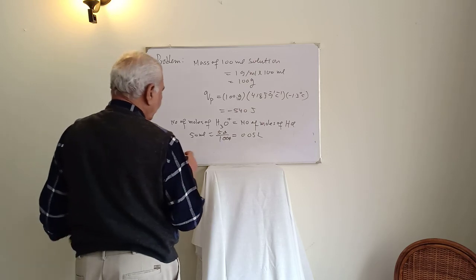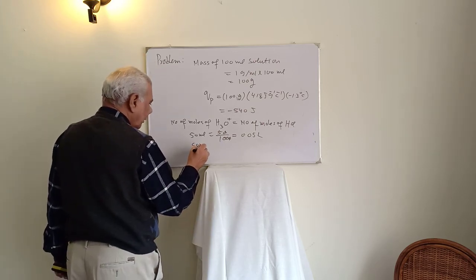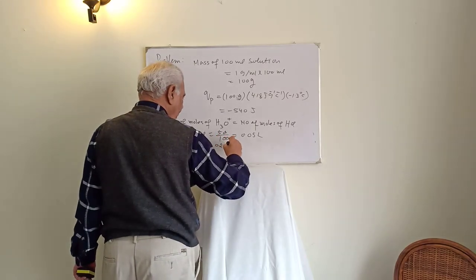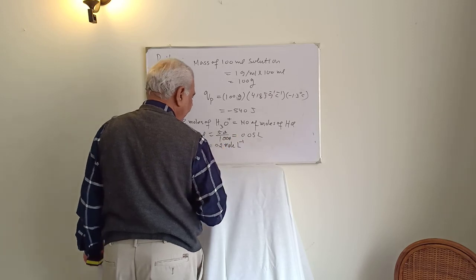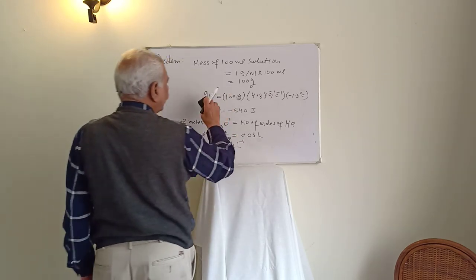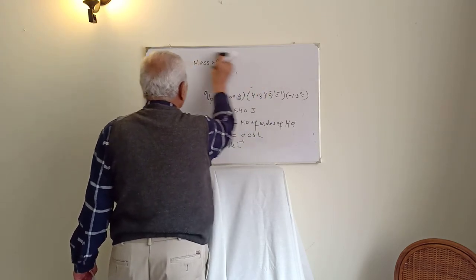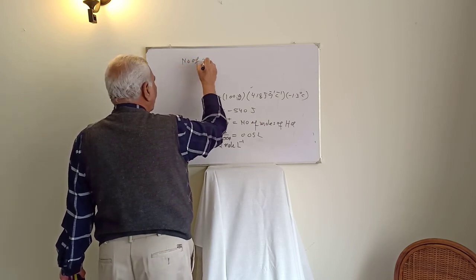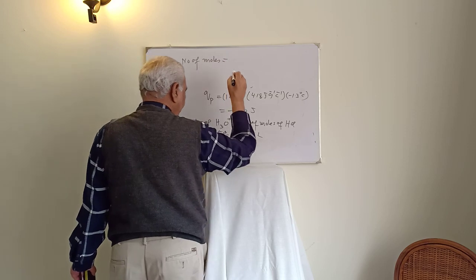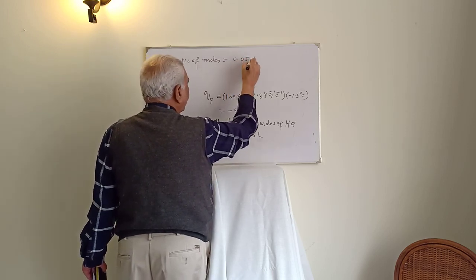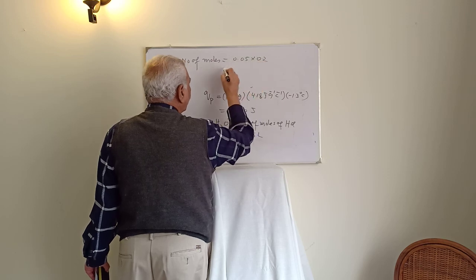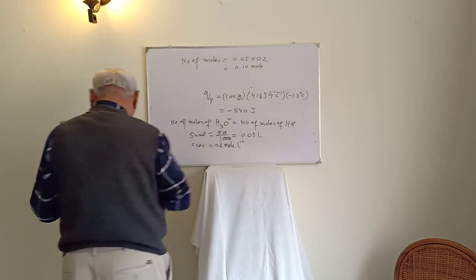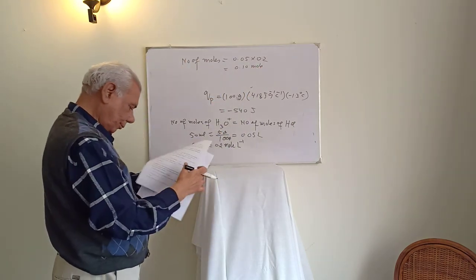Okay, and concentration is 0.2 mole per liter. So the number of moles is equal to 0.05 into 0.2 is equal to 0.010 mole. Right, it is 0.010 mole.